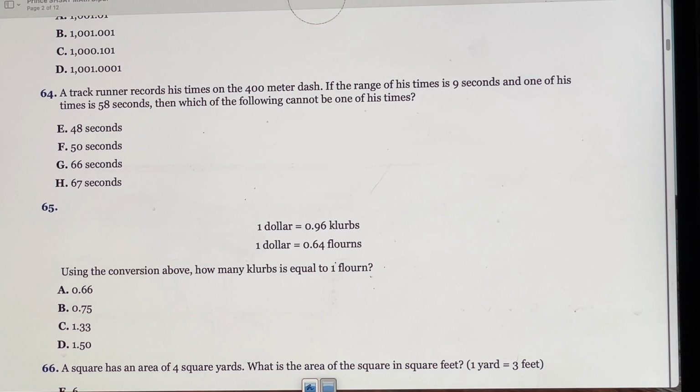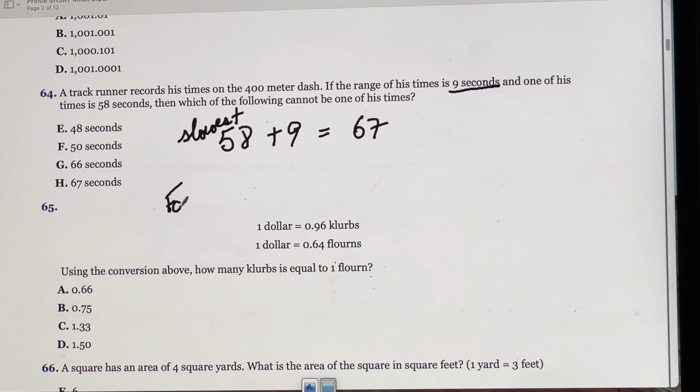So what you can do is, let's assume that 58 is the slowest time. If I assume that 58 is the slowest time, knowing that the range is 9, that means that his fastest time is 67, right? Now, let's assume the opposite.